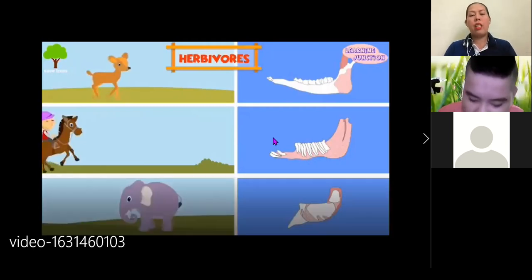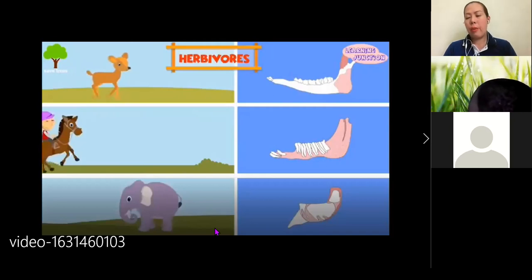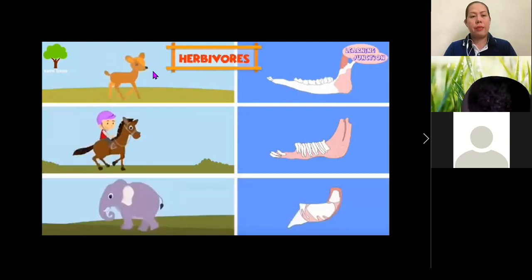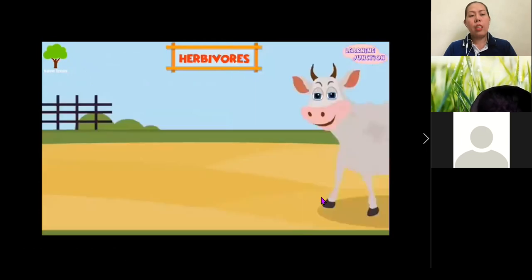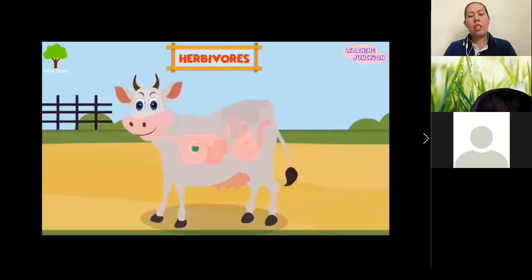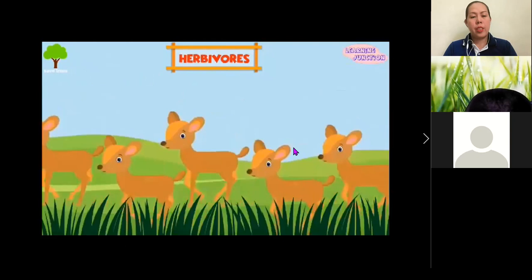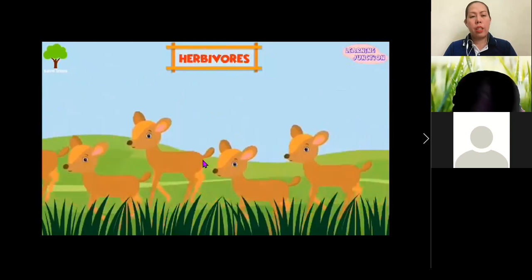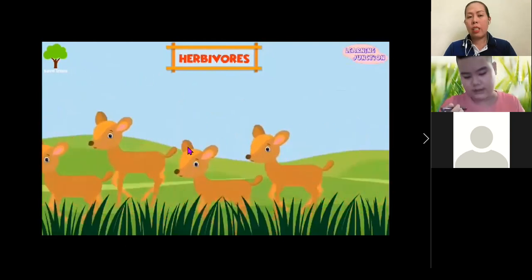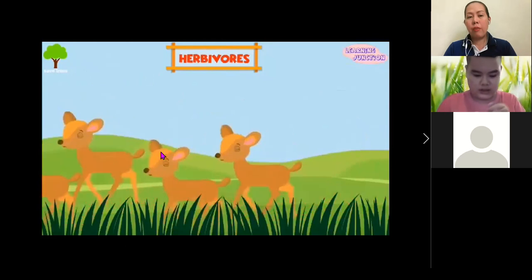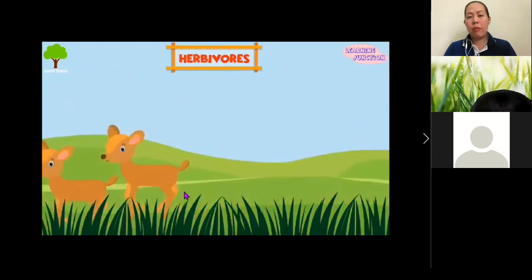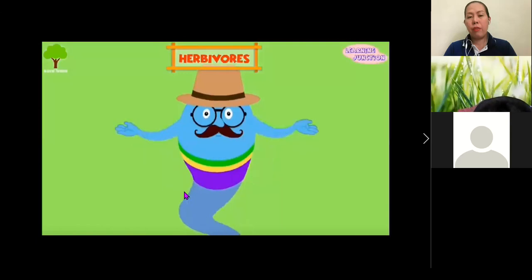Most of the herbivores have wide flat teeth designed to grind leaves and trees. Also, it says that herbivores have their eyes on the side of their head. The eyes of general herbivores are on the side of their head.